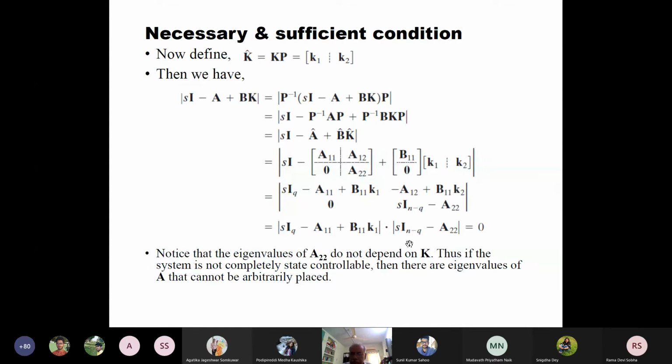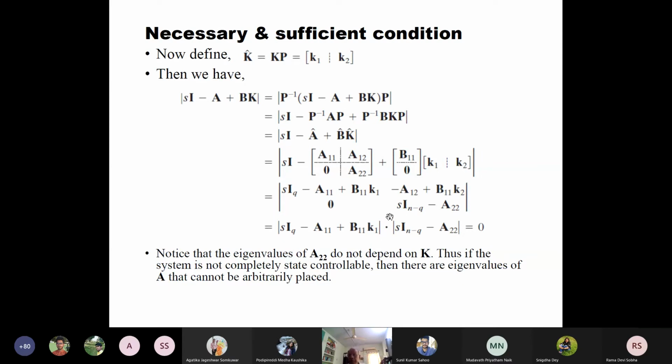So this is an independent term, whereas only this term is dependent on K1, because we are controlling the system using the controller gain K. If we are controlling the system, then all components of the system should be a function of K. Otherwise, we cannot control the system.